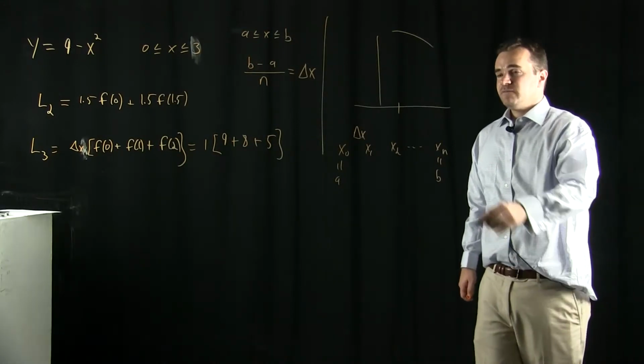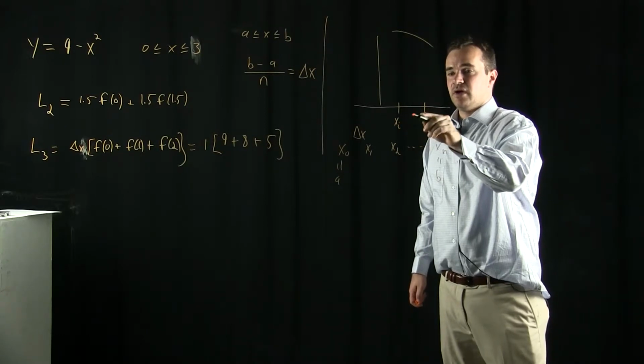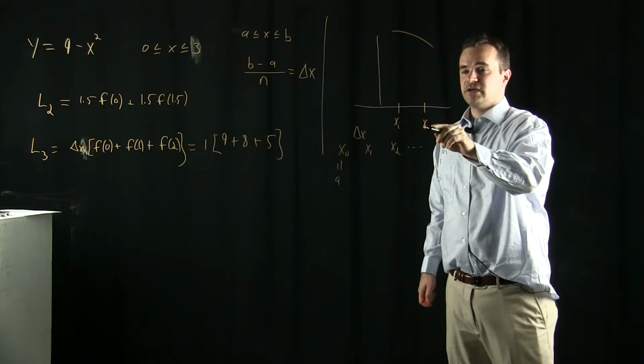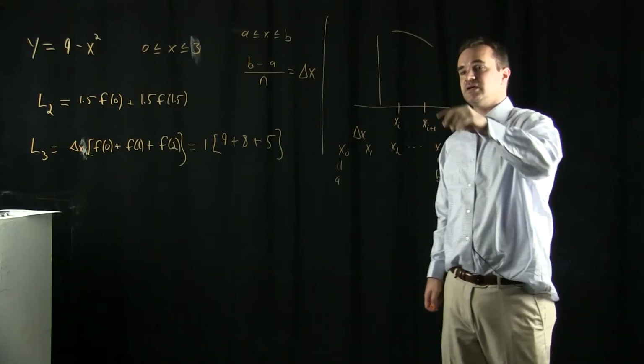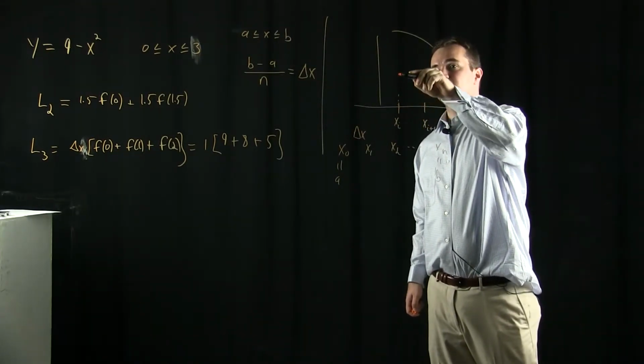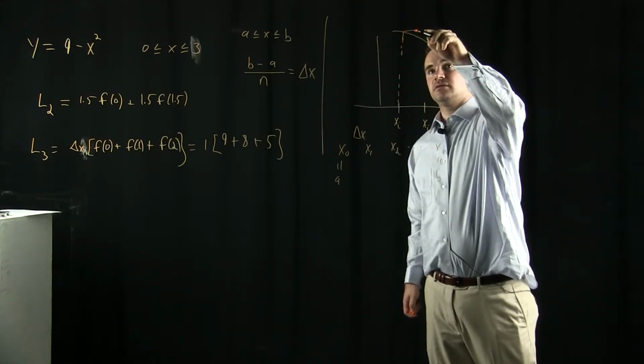So if you take the ith interval going from xi to xi plus 1, then your width is always delta x, and here's your height.